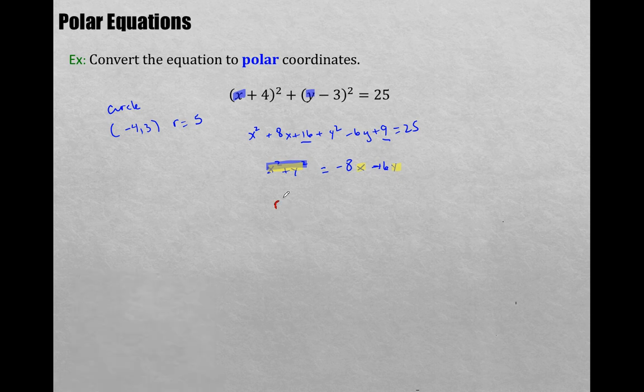x squared plus y squared is equal to r squared. -8r cosine theta. That's what x is. Plus, that's a plus, right, because there was a minus on this side. 6r sine theta.